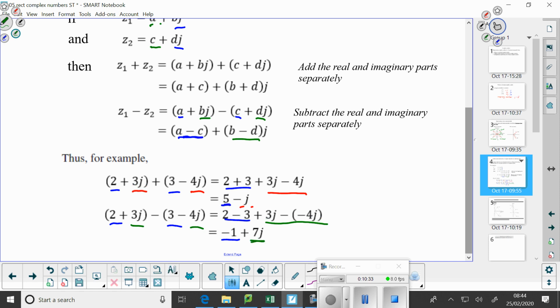So that's minus 1 plus 7j. All happy? Yeah.